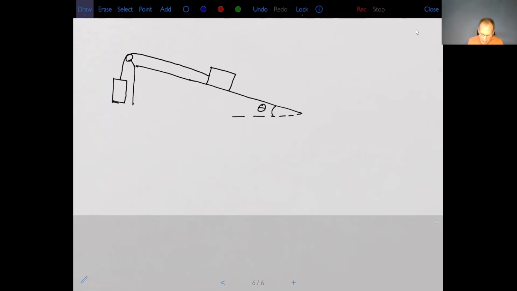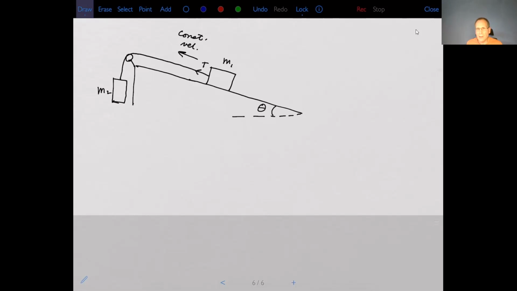The idea was to adjust this suspended mass, think of this as M2, and this was M1, such that the cart moved up the ramp at a constant velocity. What I want to figure out is the tension in this string.